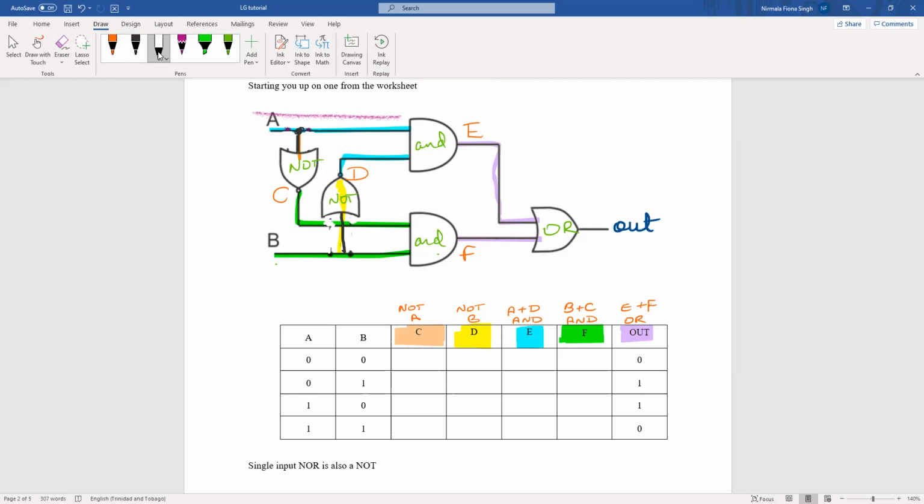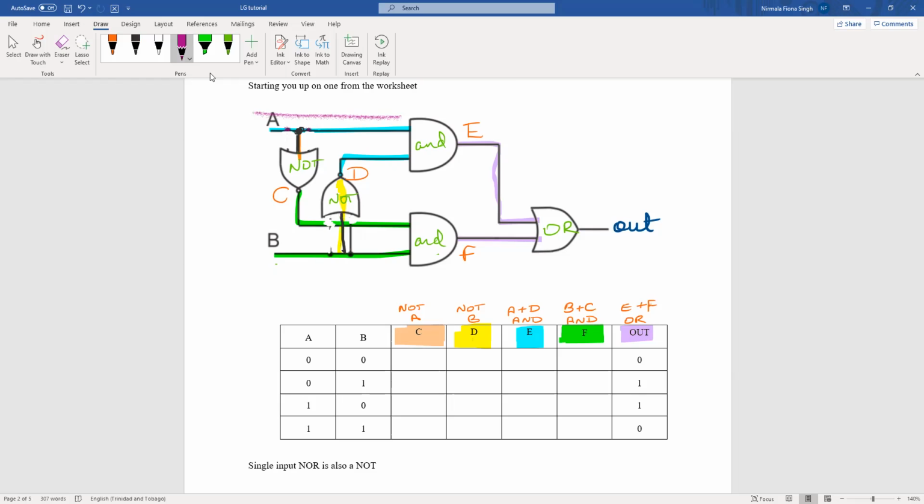You're going to get a single input NOR, which gives you a NOT gate, just like how we did before where we shared our signals. So B is going into the AND gate, and then B is funneled through here to give us D. So D is going to be the NOT of B. So we have all our intermediate inputs.